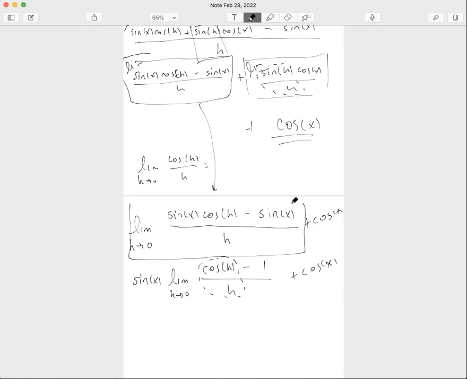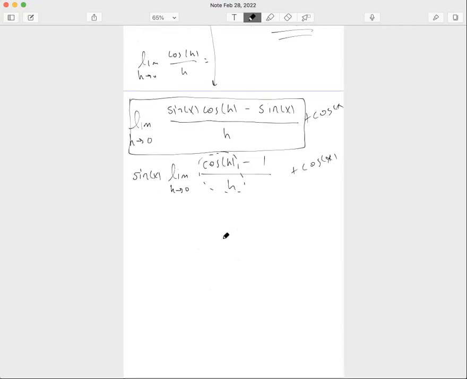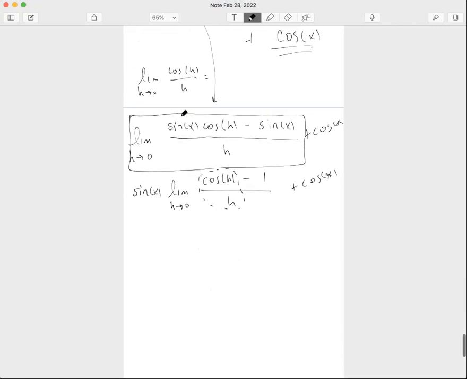I haven't plugged anything in. I want to give myself more room. Where did we get the -1? I factored out the sine. Ah, okay. So yeah, there's a -1 left over.